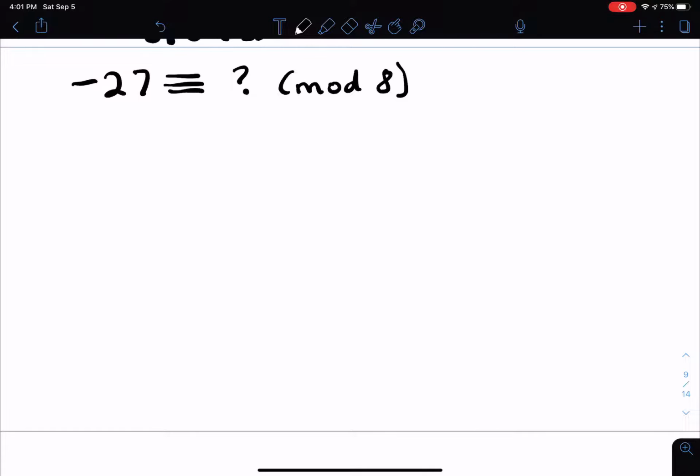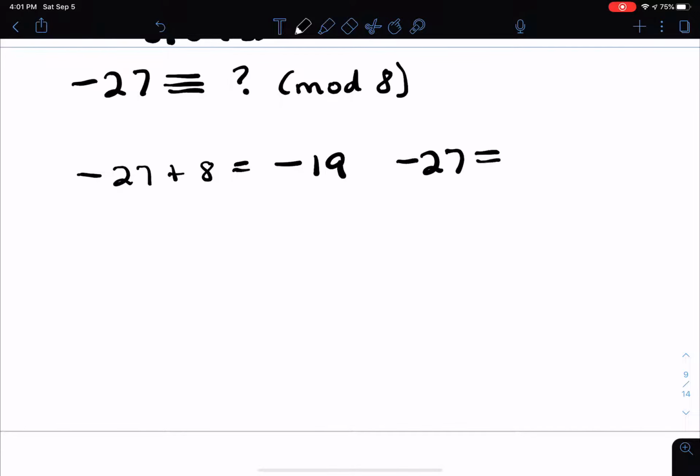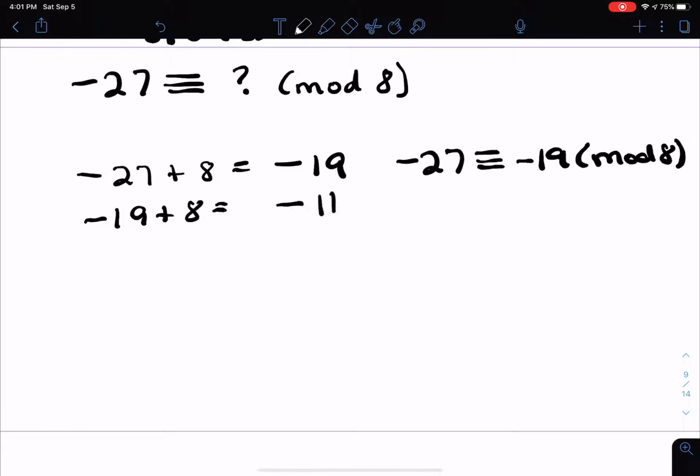So you can take -27 and start adding 8 to it, your modulus. You get -19. So technically -27 is congruent to -19 mod 8. But then you can take -19 and add 8, and you get -11. So you could also say -27 is congruent to -11 mod 8.